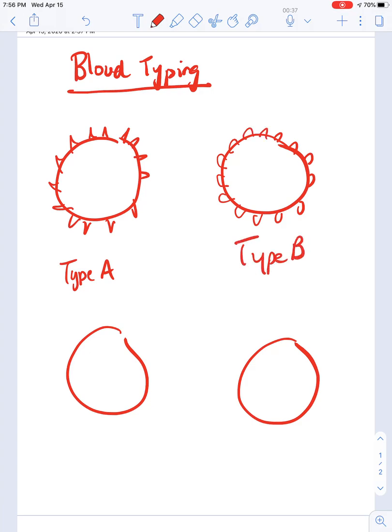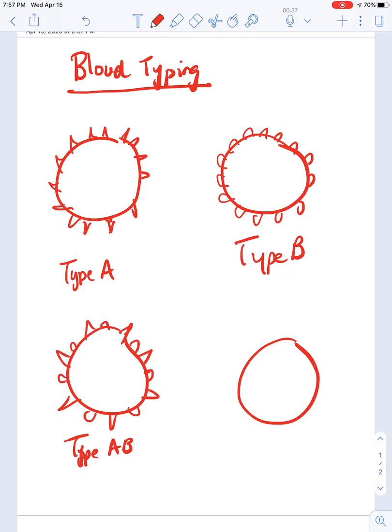Okay, and so you can see that type A blood has a different marker than type B blood, right? Type A blood looks like triangles, type B blood looks like circles. And then if you look at type AB, which is over here, you can see type AB is both circle and triangle like that.